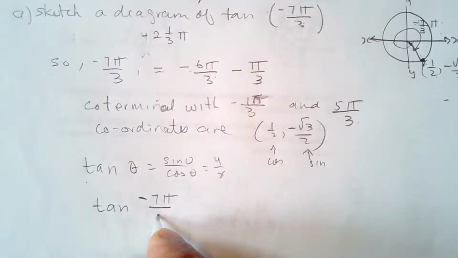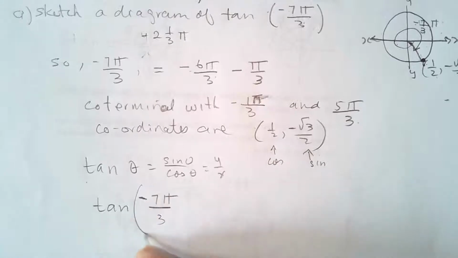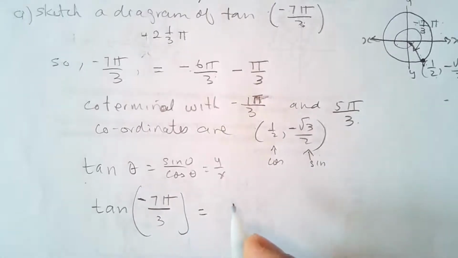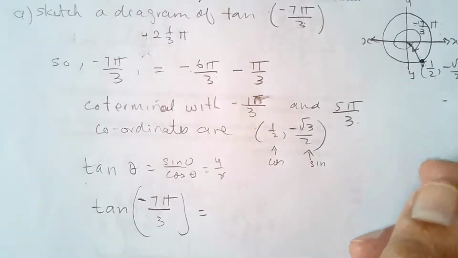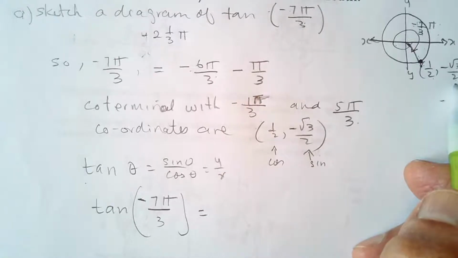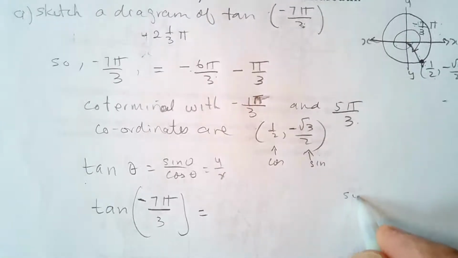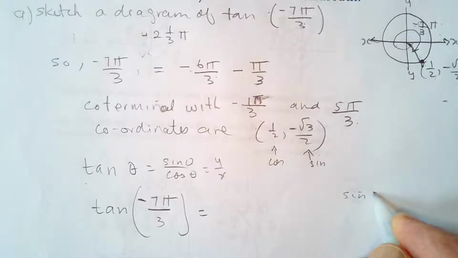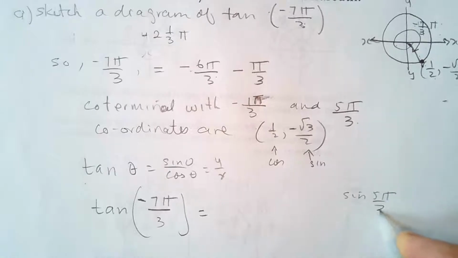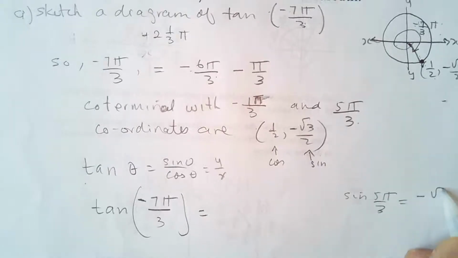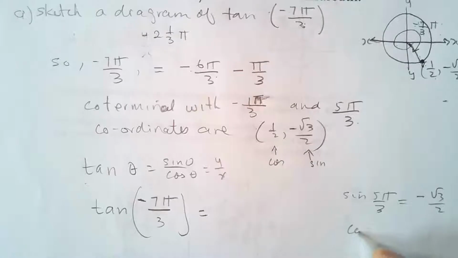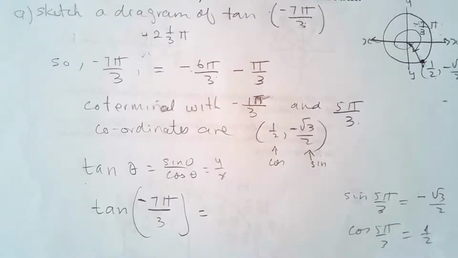7 pi over 3 will be equal to sine, which is negative, so we can put here sine of 5 pi over 3 is negative √3 over 2, and cos 5 pi over 3 is equal to 1/2.